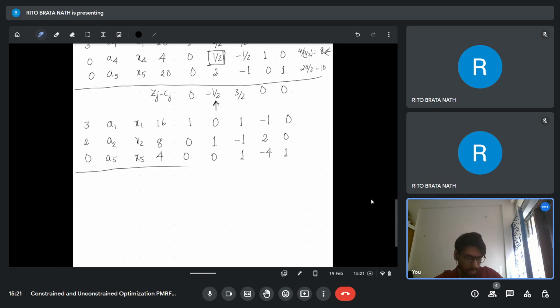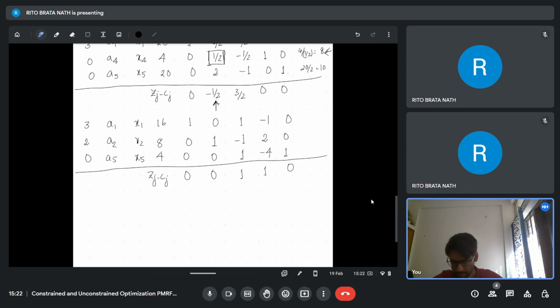And let's calculate the reduced cost values. For the first one, it is 0. For the second one, it is 0. For the third one, it's 3 minus 2, so that will be plus 1. Next one, it's 4 minus 3, so that's plus 1. And for the last one, it is 0.